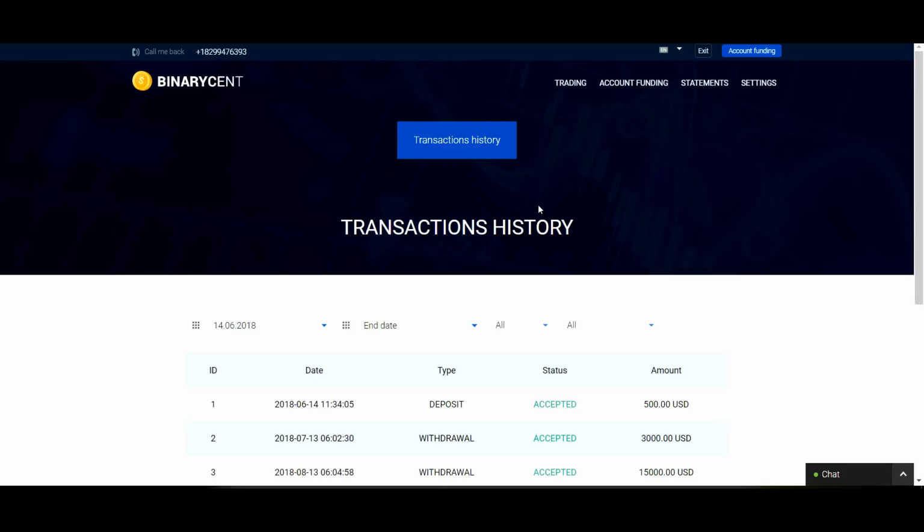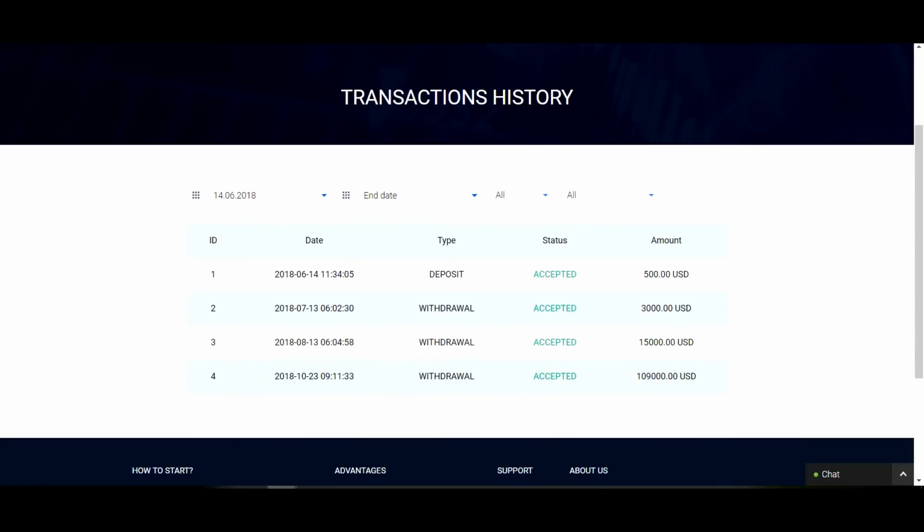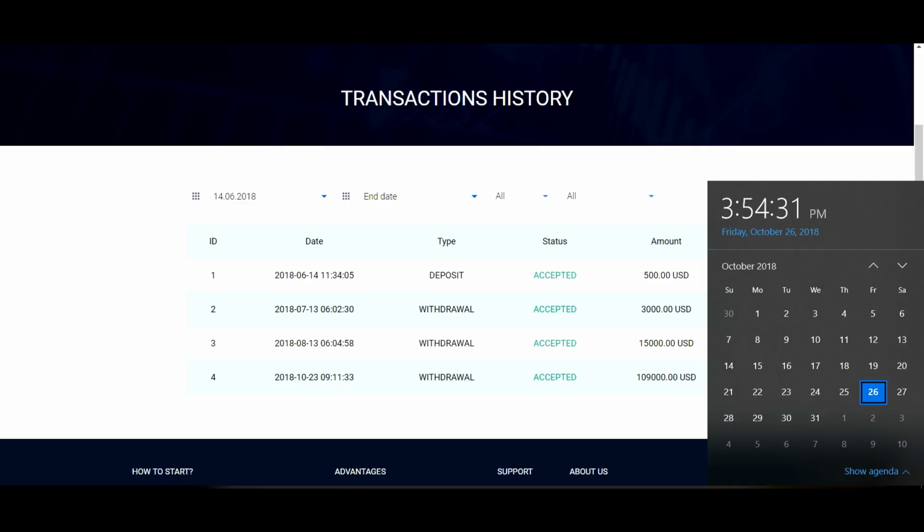Alright, I just got my withdrawal approved a couple of days ago. On the 23rd of October, I requested a 109,000 withdrawal. So it's a pretty large withdrawal. Today is, let's say, the 26th.